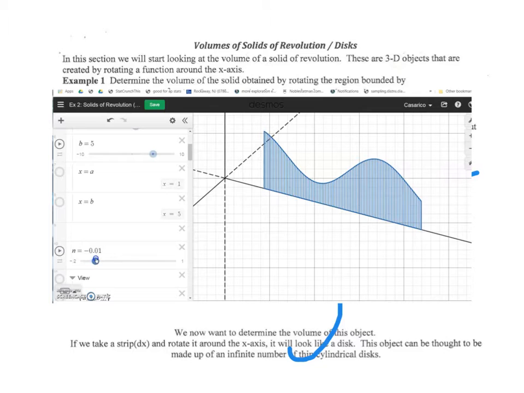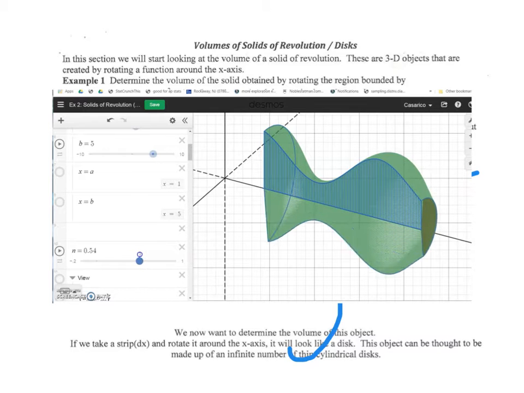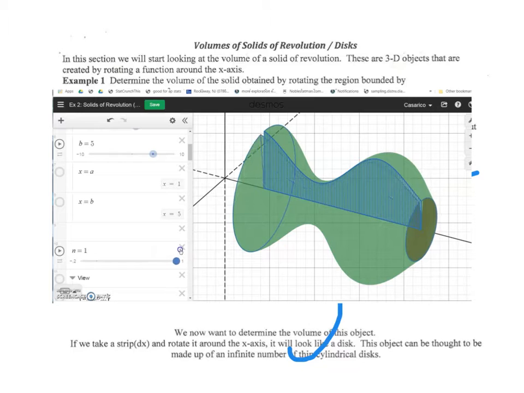Right about now, you start to see the rotation has started to go around the x-axis, and it's creating that solid shape. And there's a full rotation, so I now have a full solid shape. This looks sort of like a vase, a solid vase that is filled in. Hopefully that gives you a little bit of a better idea of creating a three-dimensional shape by rotating around the x-axis.